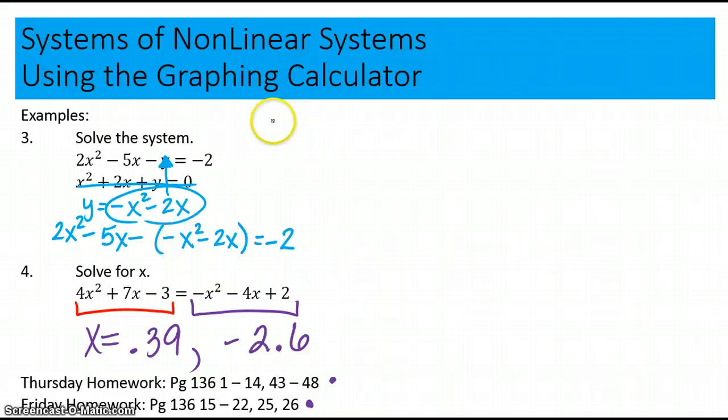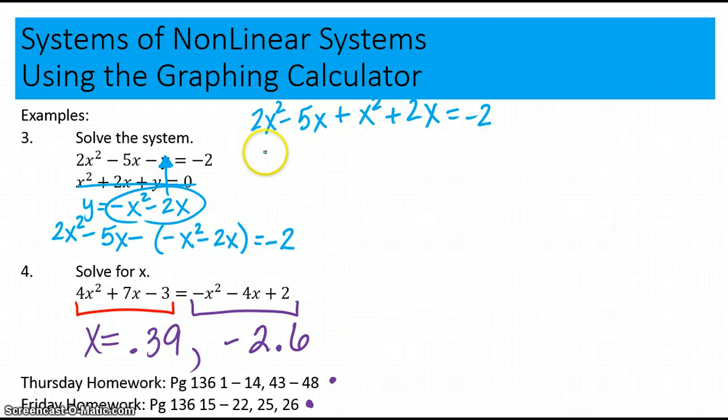I'm going to distribute that negative through, so we have 2x squared minus 5x plus x squared plus 2x equals negative 2. Combine like terms, add this 2 over, we have 3x squared minus 3x plus 2.